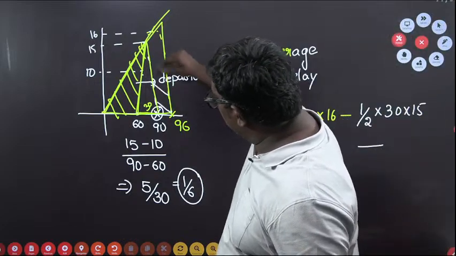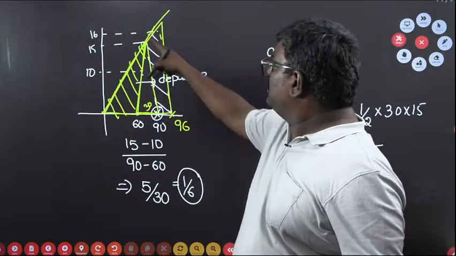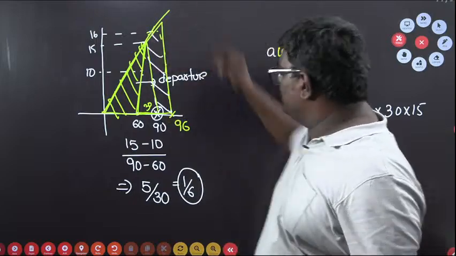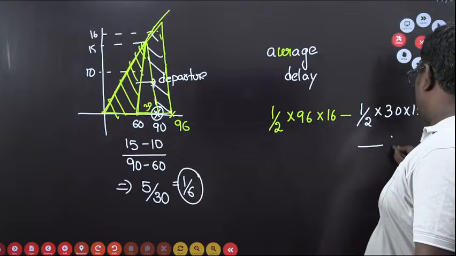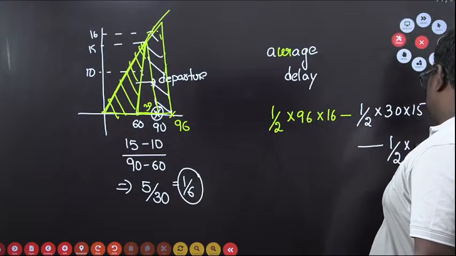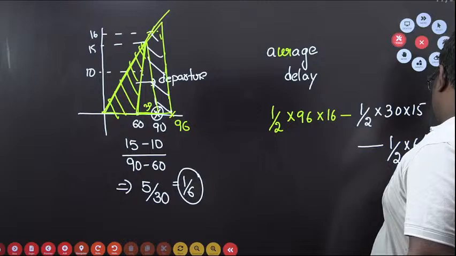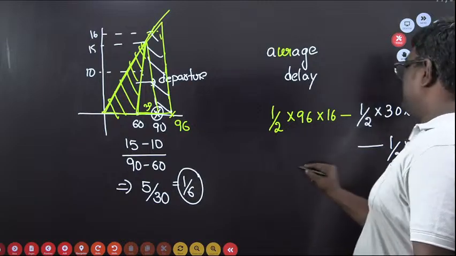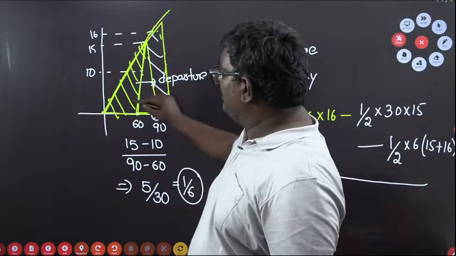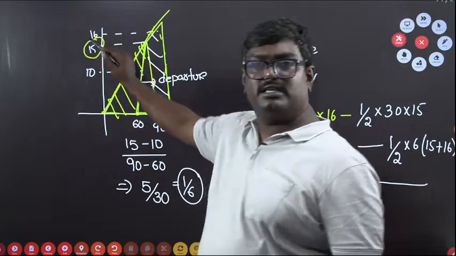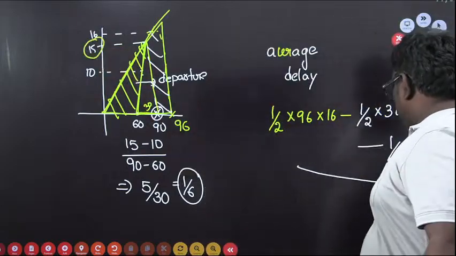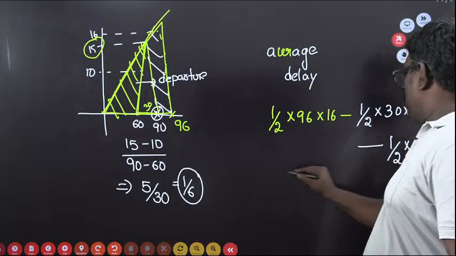This is 6, and this is 15 and 16. Half into h into a plus b, so 6 into 15 plus 16 divided by 2. Then divide the area by n, not n dash, it should be n, that is 15.